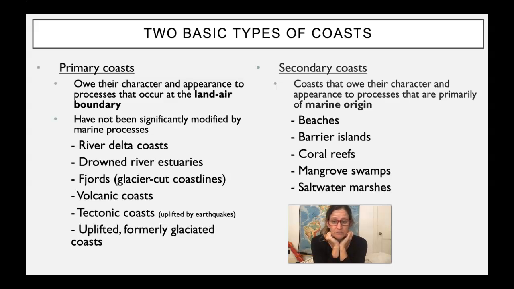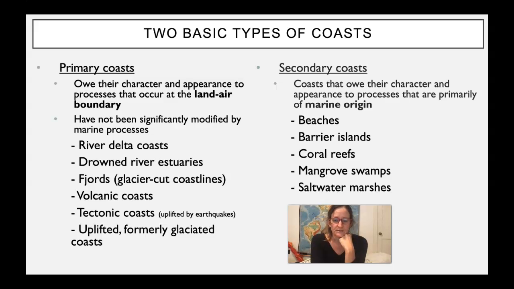Volcanoes can be at the beaches, and then tectonics. Remember, an active margin is a continental margin that has a plate boundary, and tectonics is like the movement of the rocks. We can have earthquakes, and so a lot of uplifting and maybe even down dropping because of earthquake activity and that plate motion.